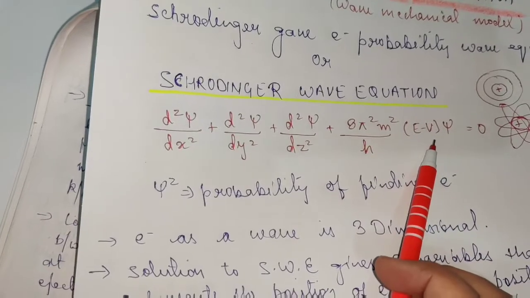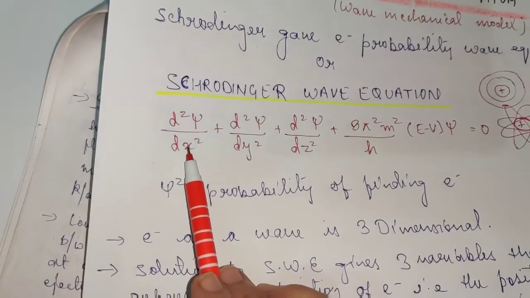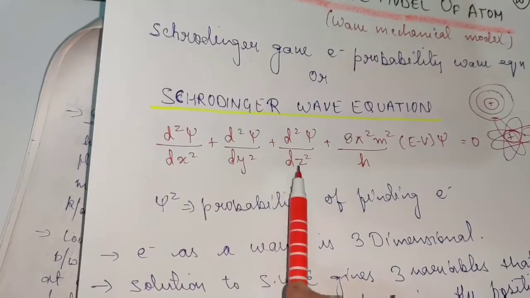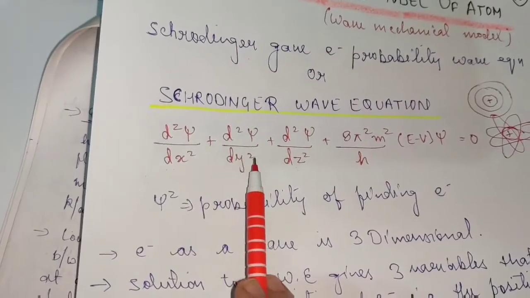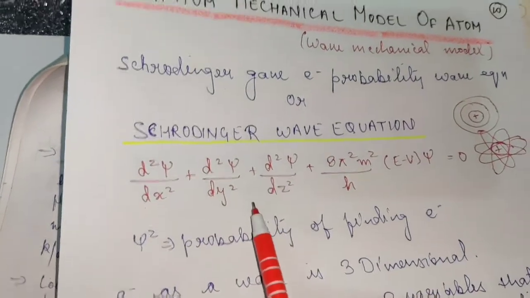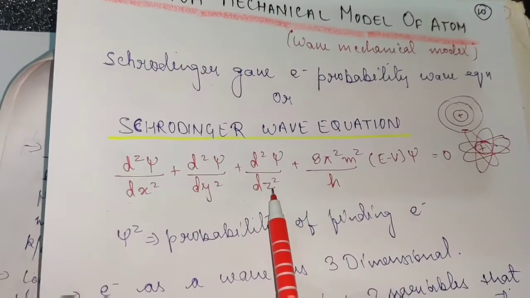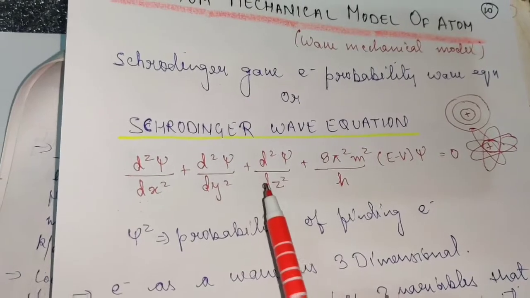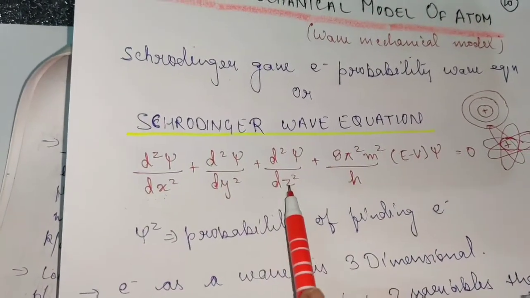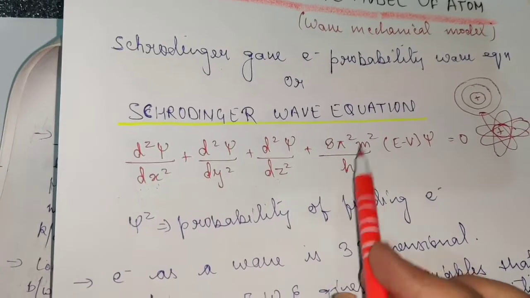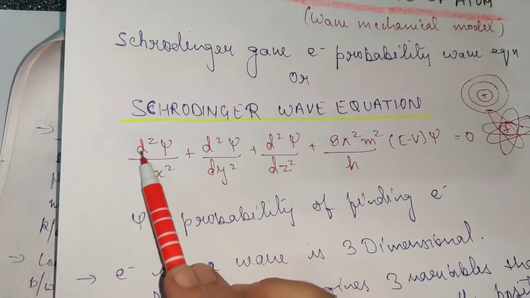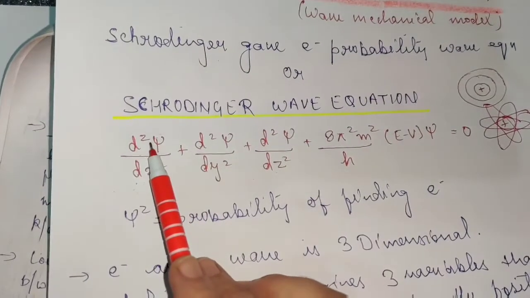In this equation you can see that all the three coordinates are involved, that is x, y, z. All the three axes are there, and these XYZ axes indicate that the probability of finding the electron in an atom is in 3 dimension. That is, electron can be found in x axis, in y axis, and in z axis. Rest all the terms mentioned here: D indicates the differentiation, here D square means double differentiation.